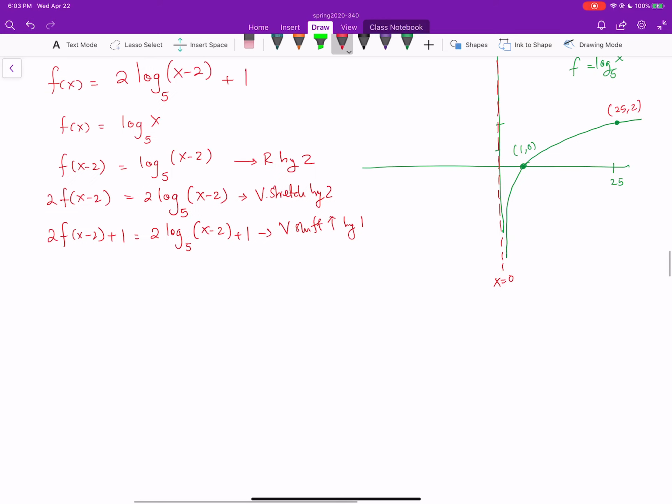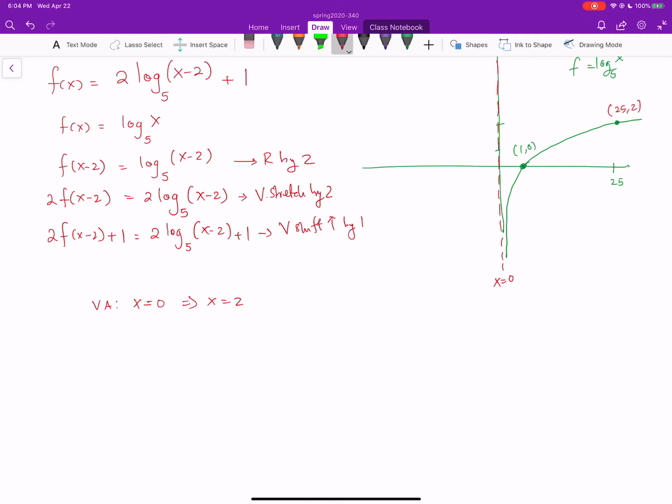So now let's use the information we have to see what we can do. Clearly, the vertical asymptote, we started off with x equal to 0, and it gets shifted horizontally by 2. So the vertical asymptote moves to become what? x is equal to 2.